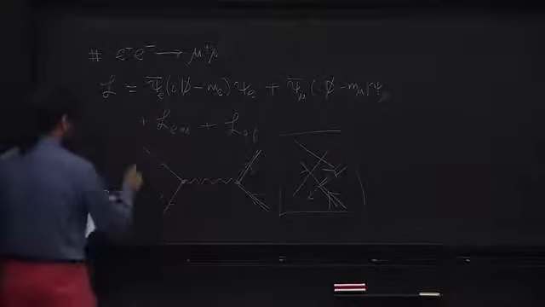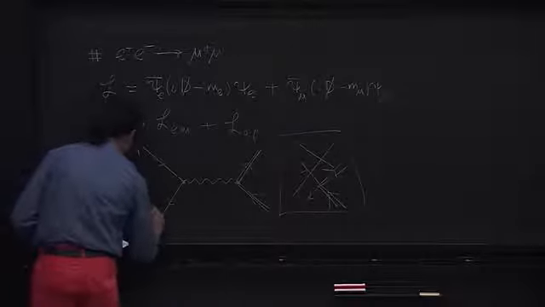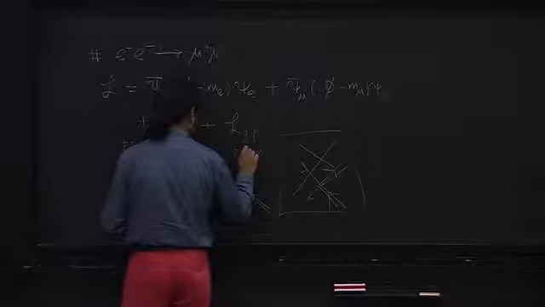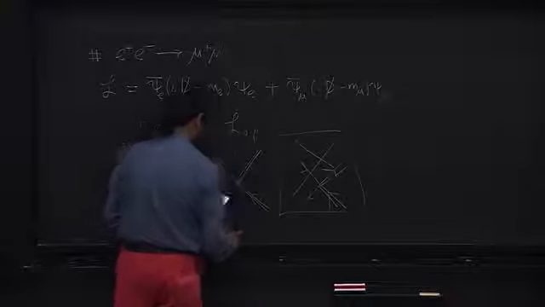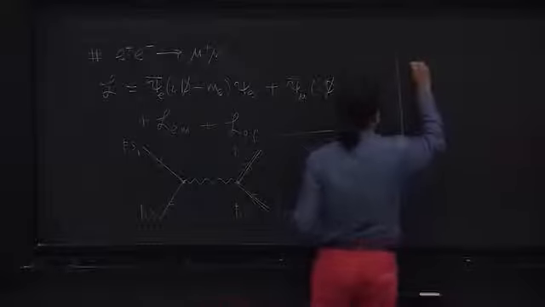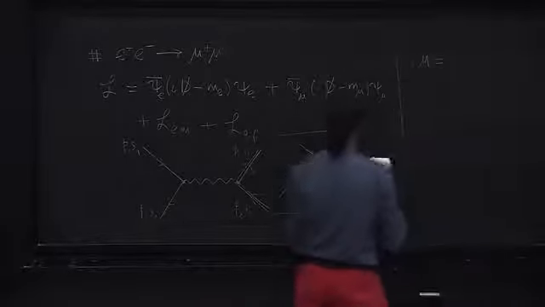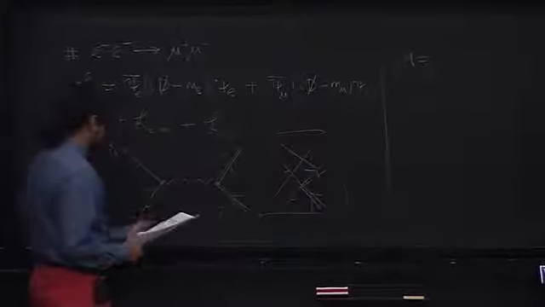So let me label this as P1, S1, P2, S2, P1 prime, R1, P2 prime, R2. Then the matrix element for this, let's take this part.